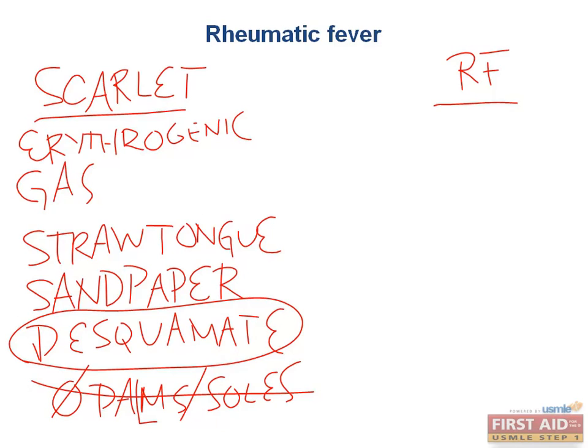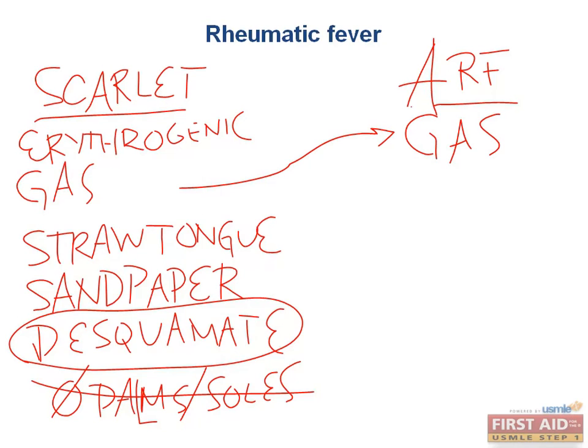Now, acute rheumatic fever. So acute means that it happens very quickly and in a short time frame. Acute rheumatic fever is a very different beast than scarlet fever. Pathophysiology is different. Acute rheumatic fever is also a consequence of this group A strep, so they share this component together.